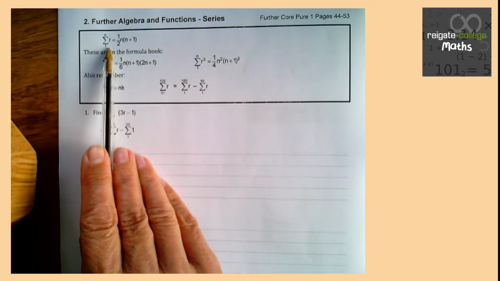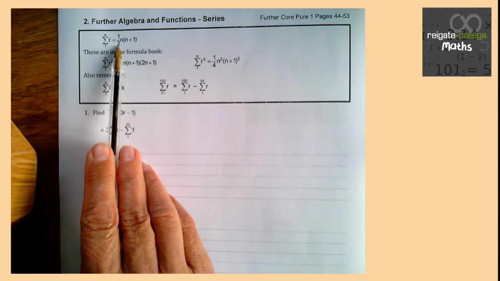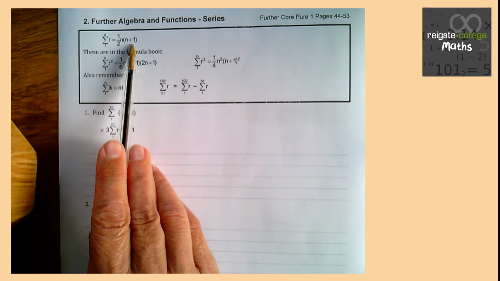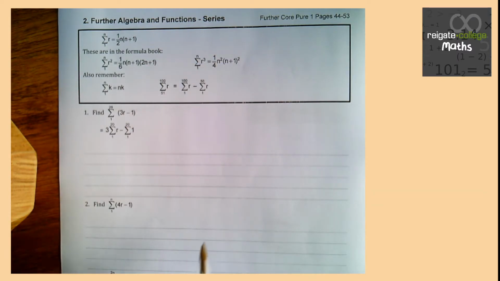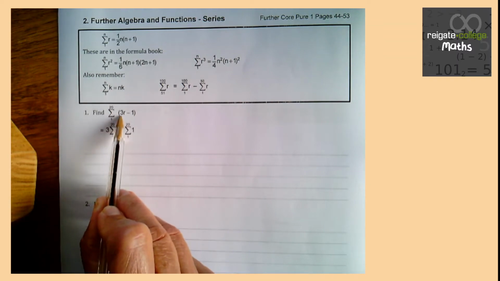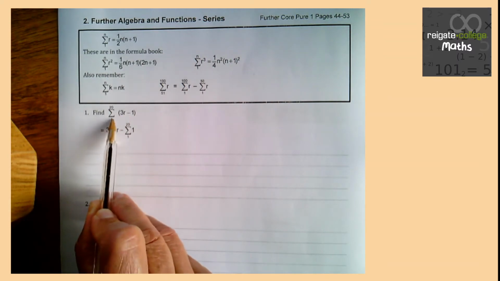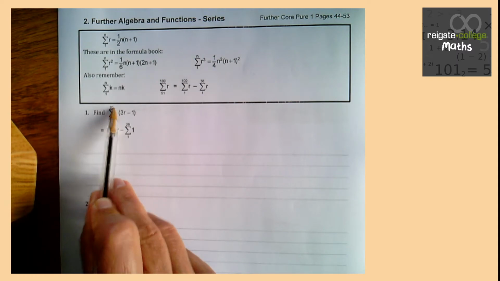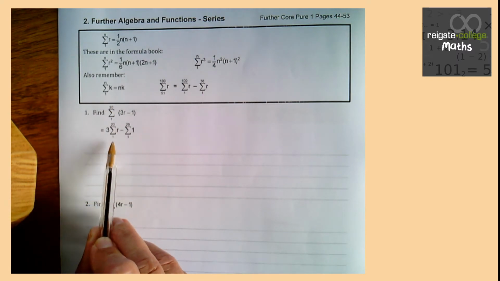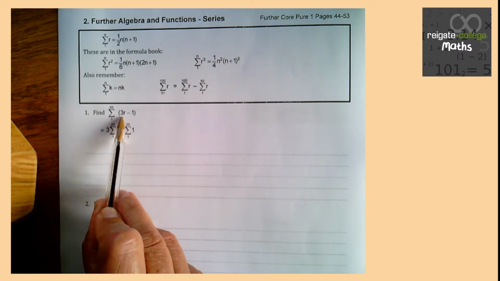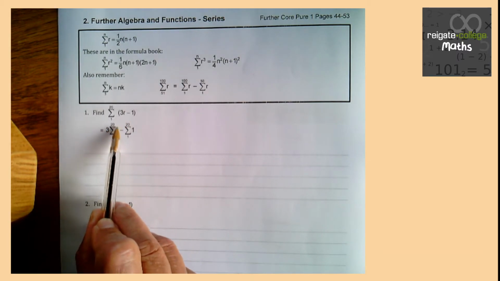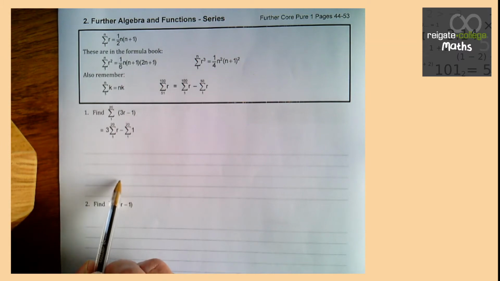At the top here we've got this formula that the sum of r is a half n plus 1. The formulae for r squared and r cubed we'll come on to later. The first question is the sum of 3r minus 1 from r equals 1 up to 20. We split this, and we can take a factor of 3 out, because 3 times the r's and finding the sum of all those numbers is the same as doing the sum of the r's and multiplying that by 3.